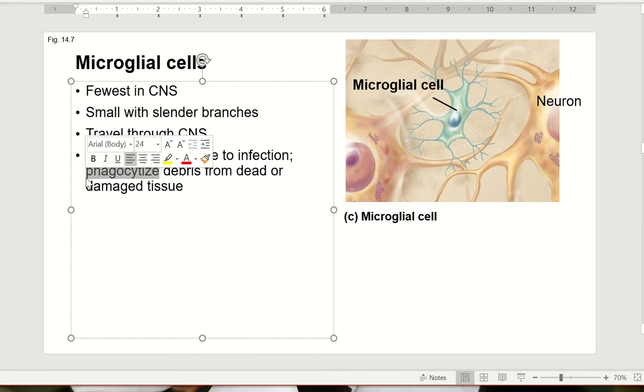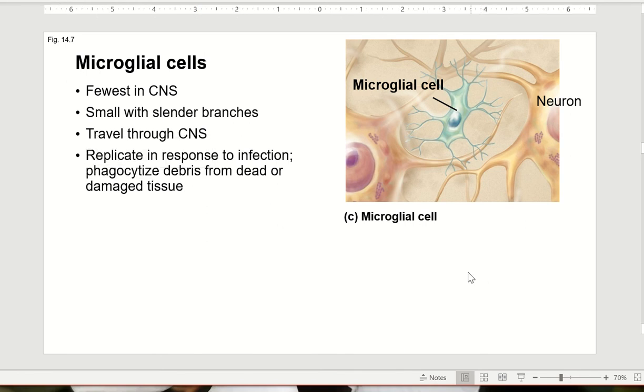So they are phagocytes, and they move through your central nervous system looking for damage, looking for abnormal cells, and then engulfing them and getting rid of them.